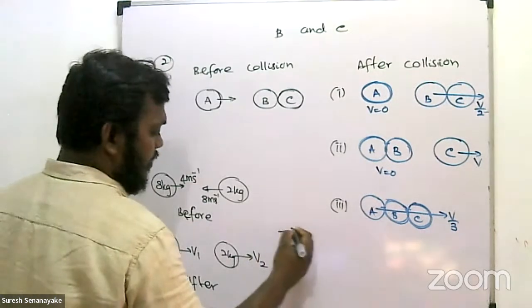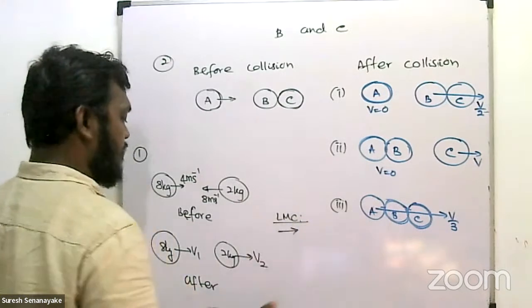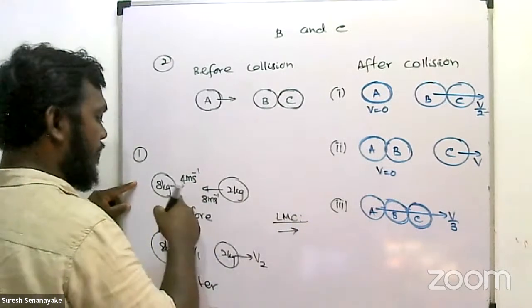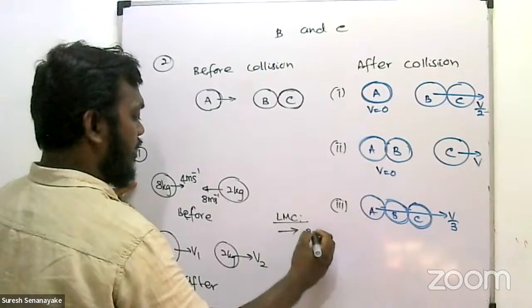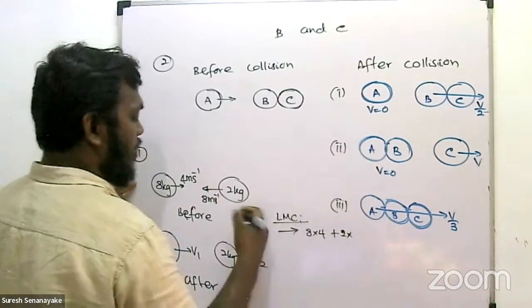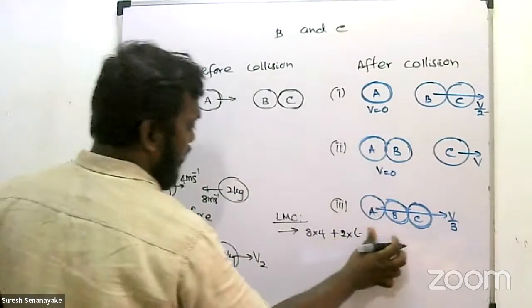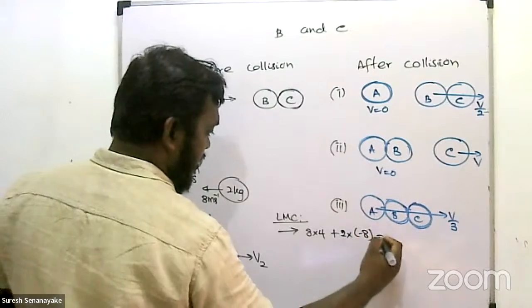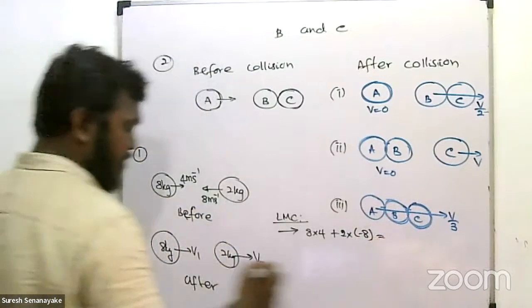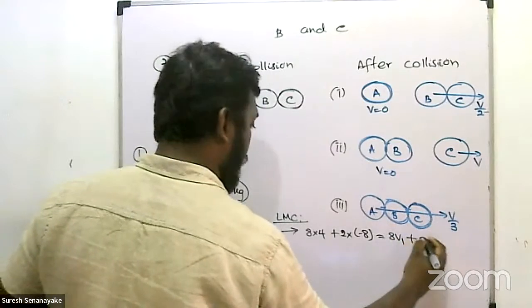Let's apply the conservation of linear momentum in this direction. Before the collision, 8 into 4 plus 2 kilogram into 8, which is minus 8, since it's not in the direction we consider. After the collision, 8v1 plus 2v2.